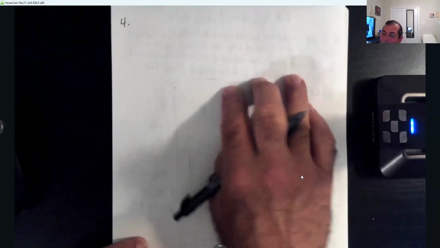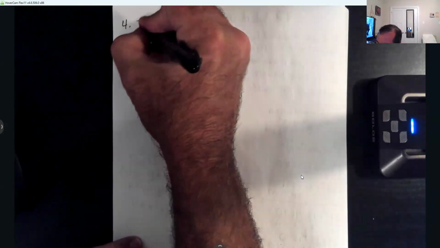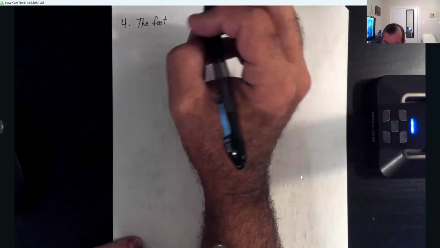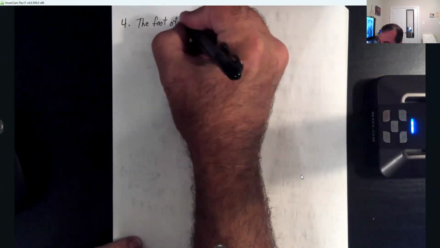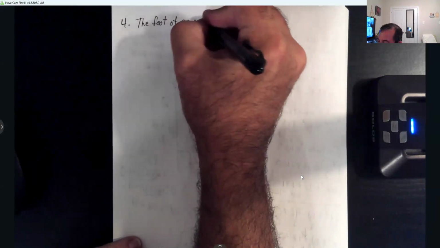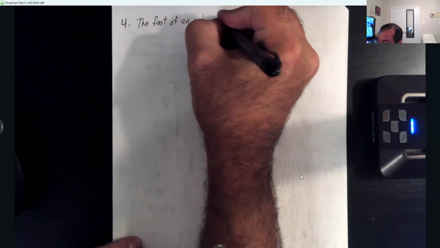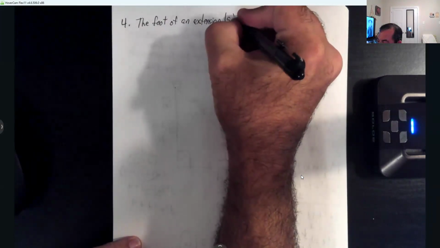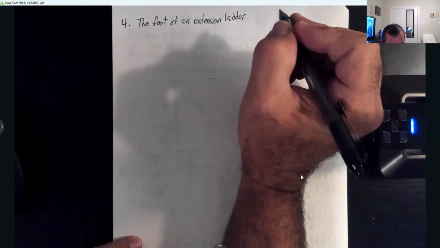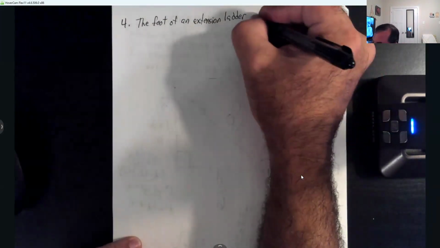All right, y'all, so you gotta love word problems. So here's number 4, and it's another word problem. The foot of an extension ladder is 7 feet from a wall.